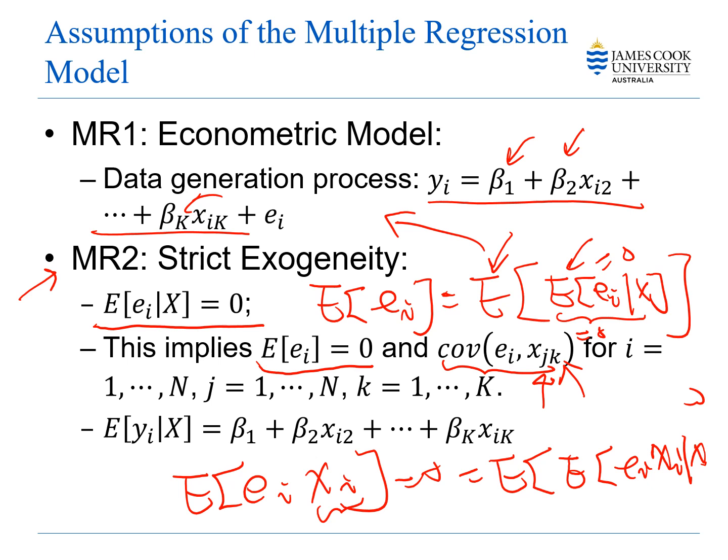Conditional on X, we know xi, so xi is constant and we can pull it out. And this is 0, so the expectation of xi times 0 is 0.